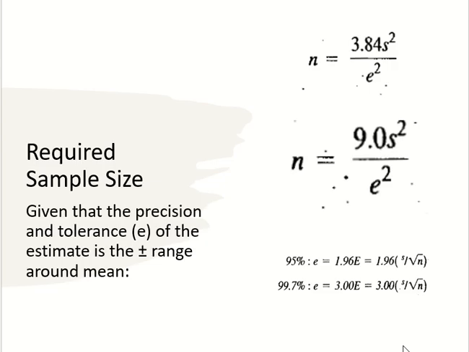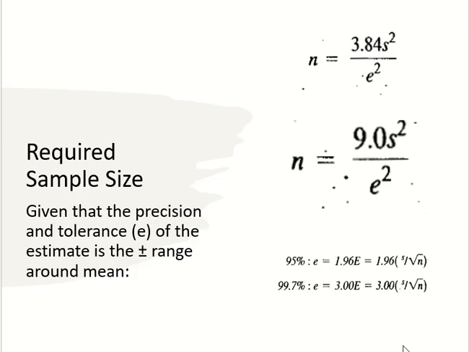So if you go with the 95% confidence level, the central limit theorem says from the mean you can go 1.96 E plus or minus. This is what we just did. This whole thing with capital E is represented with small e.